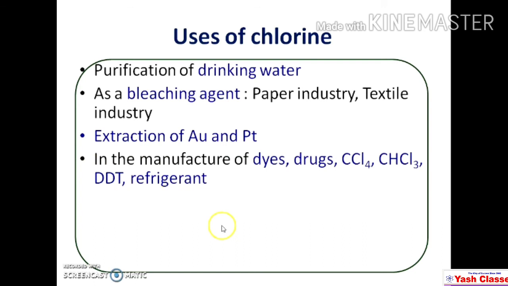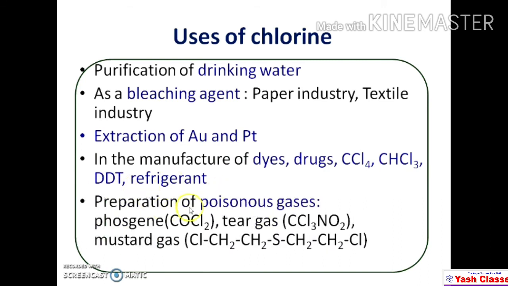It is used in the manufacture of dyes, drugs, carbon tetrachloride, chloroform, DDT and refrigerants, and it is also used in the preparation of some poisonous gases like phosgene, COCl2, tear gas, mustard gas, etc. So in this way chlorine has these many uses.